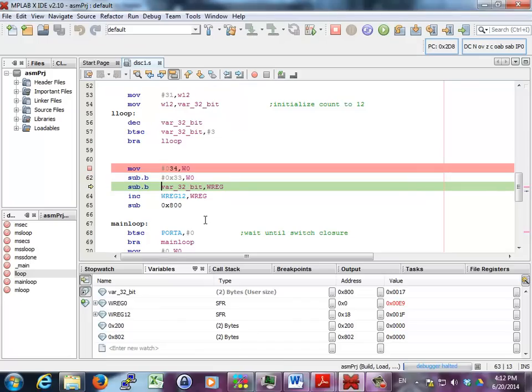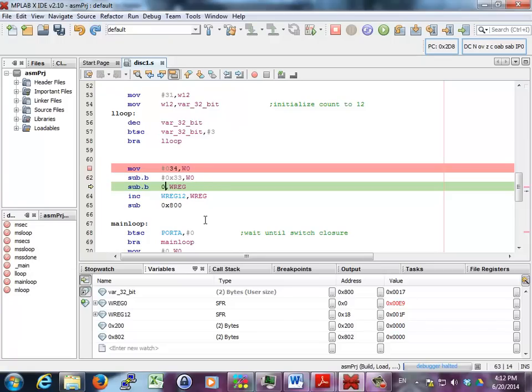So this would be treated as sub.b 0x800, right? So when you say sub.b, you're just saying forget about the context. I don't care what 800 is, how many words I've allocated there or whatever.